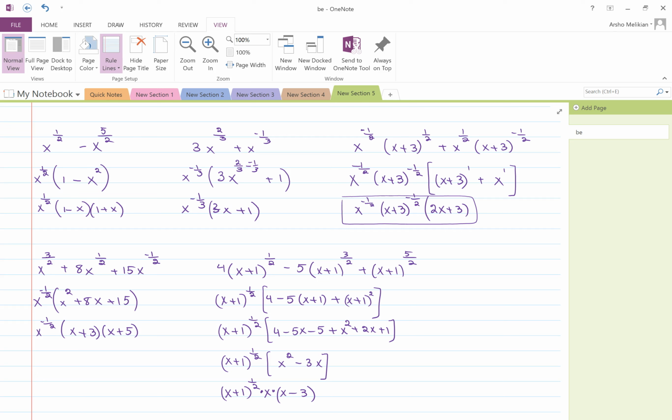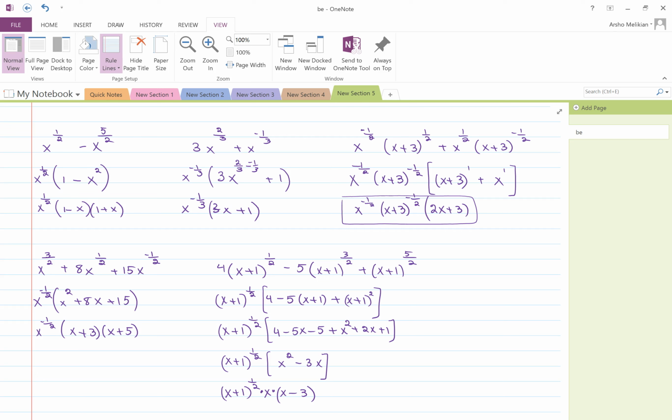That's how I do it quickly in my head. Okay? So 1.5 minus 1/2, 2.5 minus 1/2. Then I'm going to distribute the negative, so minus 5x minus 5. Here, x squared plus 2x plus 1. So conveniently, 4 plus 1 is 5 minus 5, they go away.